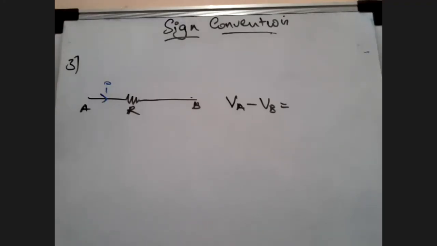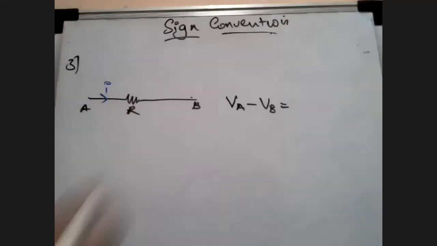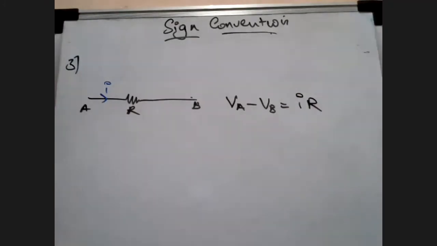The sign simply tells you whether the current is in the opposite direction or in the direction it is supposed to be in. So the potential difference across A and B, if the current is passing from A to B, is V equals IR.